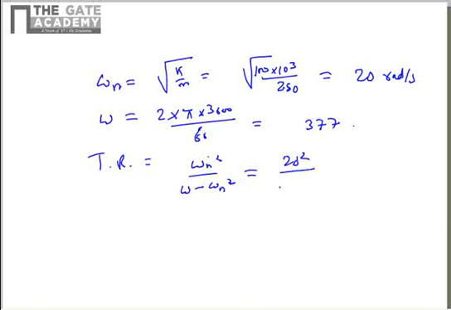So this is equal to 20 square by 377 square minus 20 square. So the value will come around 0.0028.